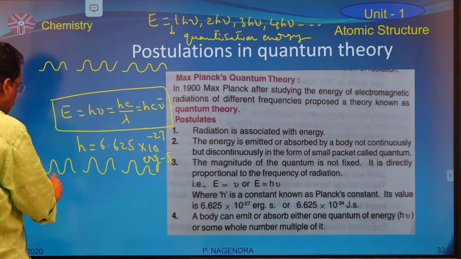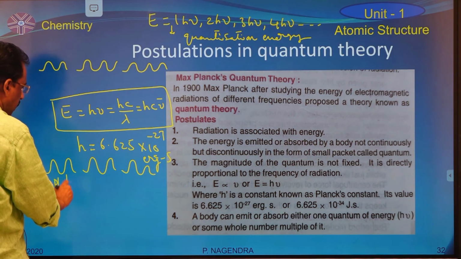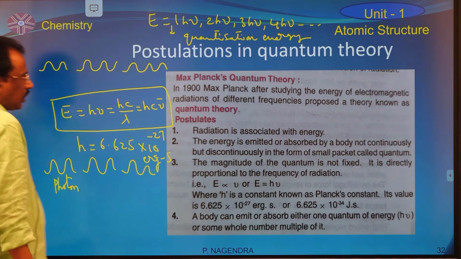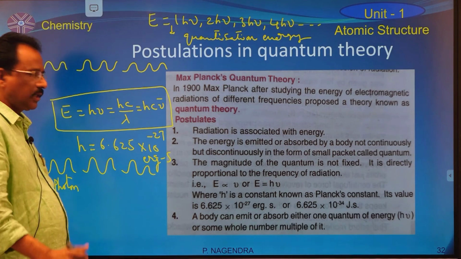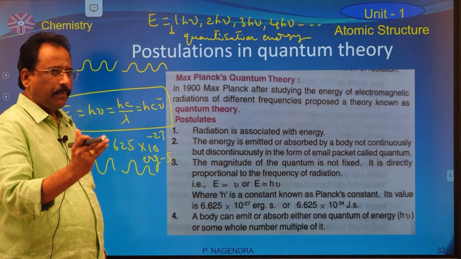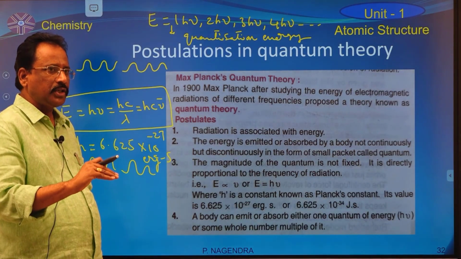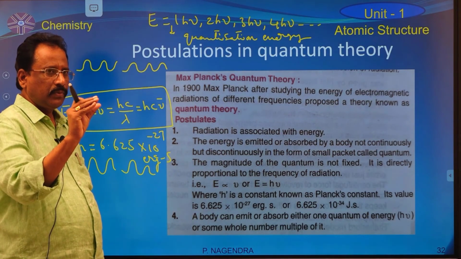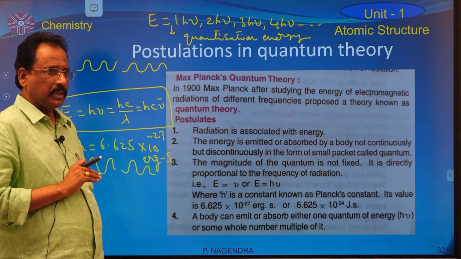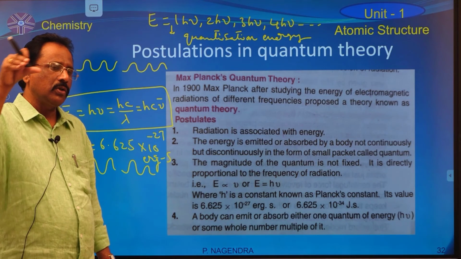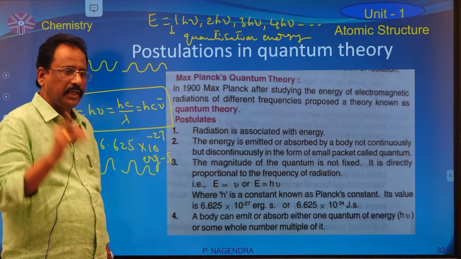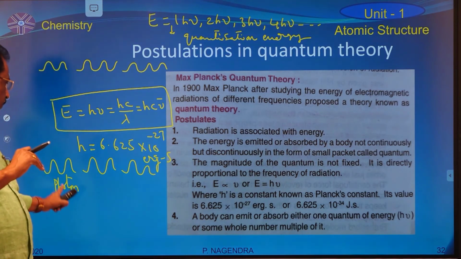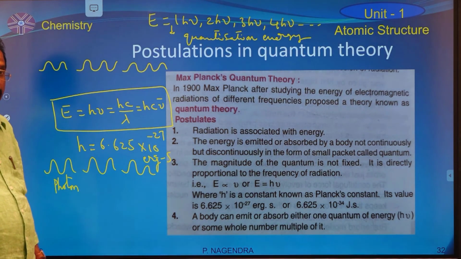This bundle is known as a photon according to Einstein. A photon is nothing but a quantum. According to Einstein, a body can emit or absorb the radiation in the form of small packets. Propagation is also like that. That means both emission and propagation of the radiation are in the form of photons according to Einstein.